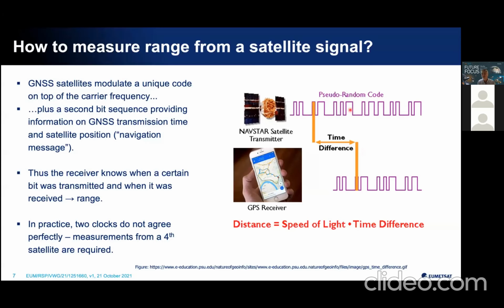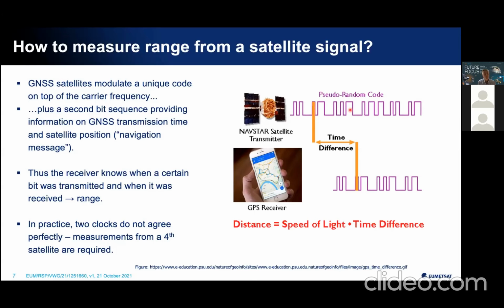The second part we said we need to know is where that other satellite really is. And what comes into that is that, apart from these pseudo-random codes that identify each satellite uniquely, they have a secondary modulation on the same carrier frequency. And that is encoding, well, indeed, the position of itself and also of all the other GPS satellites in this case.